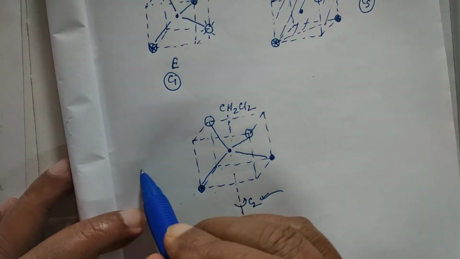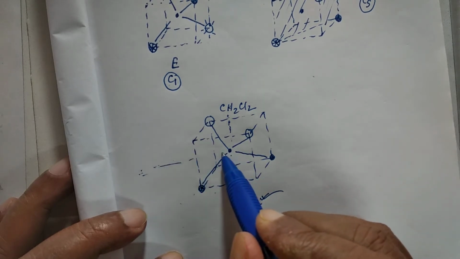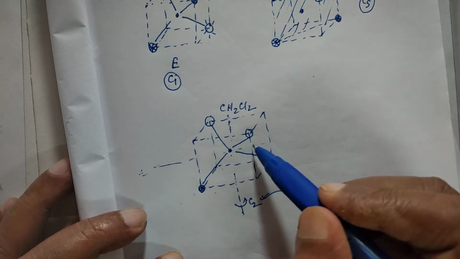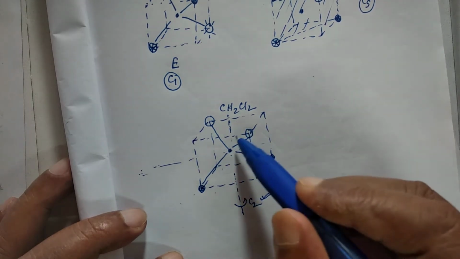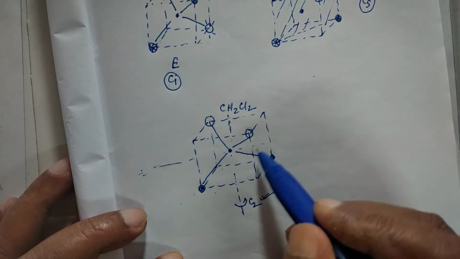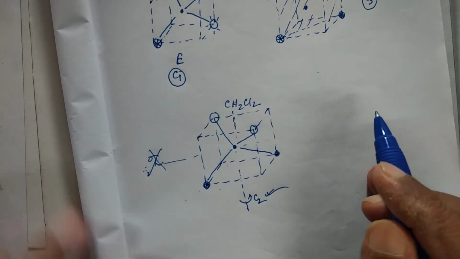Perpendicular to this C2 axis will be a plane like this, cutting the cube into two halves. But the 2 halves are different. This half contains hydrogen and this half contains chlorine. Therefore sigma h plane does not exist.